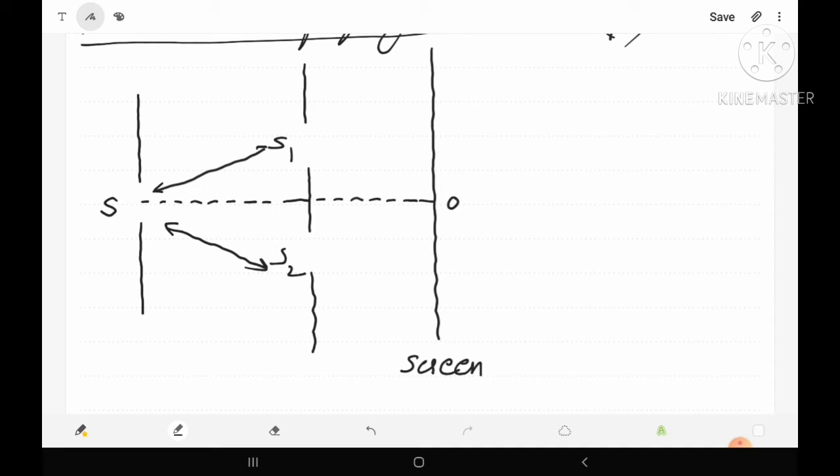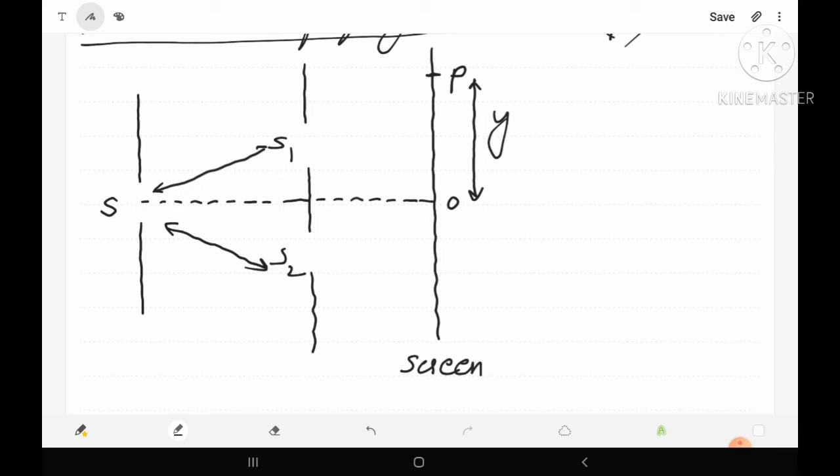Obviously in the observations we have seen that on the screen alternate bright and dark fringes are found. It means that if we consider a point anywhere on the screen, suppose this is a point P at a distance y from the central point, then at point P we will find either a bright fringe or a dark fringe.